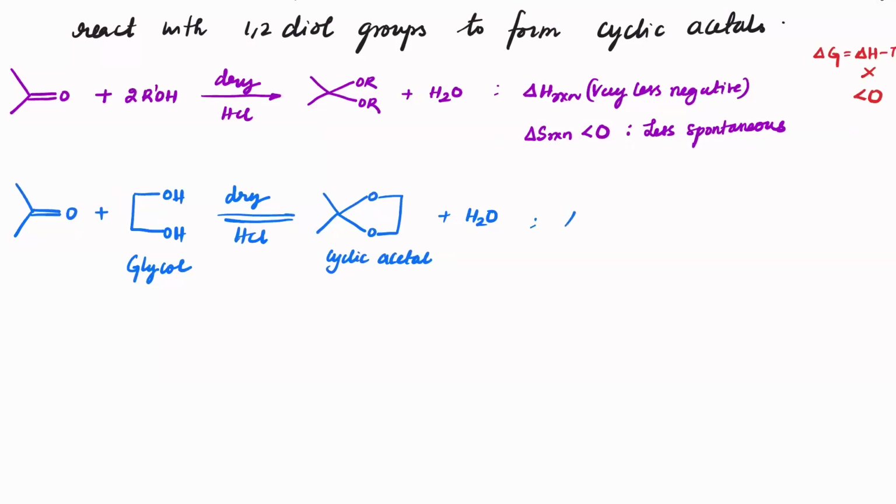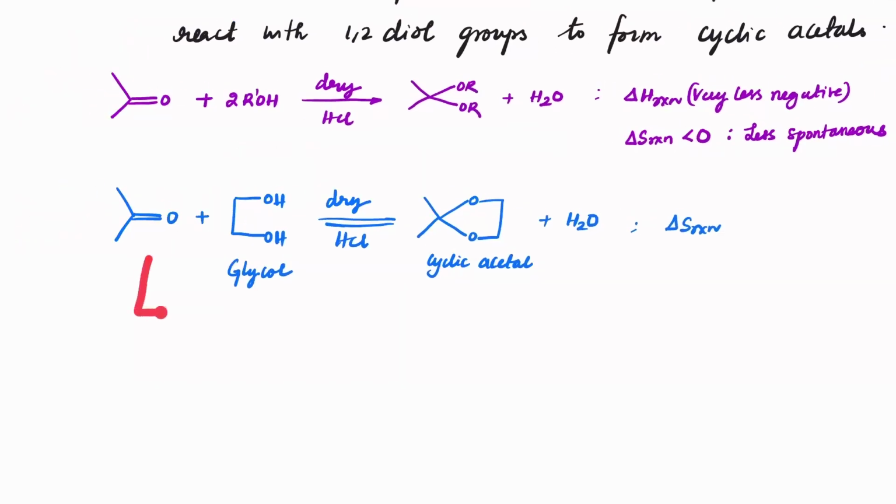Why? Please check the entropy of the reaction now. On the reactant side we have two molecules, and on the product side we have two molecules. So the entropy factor is 0. And since delta H is less negative, overall delta G will be negative and the reaction will be spontaneous. That's how you can increase the spontaneity.